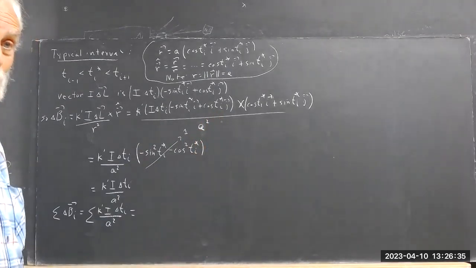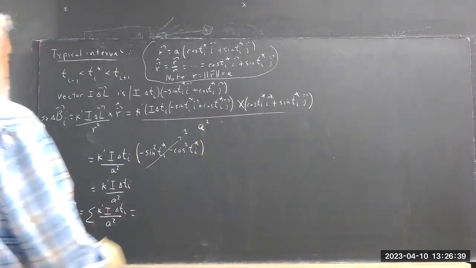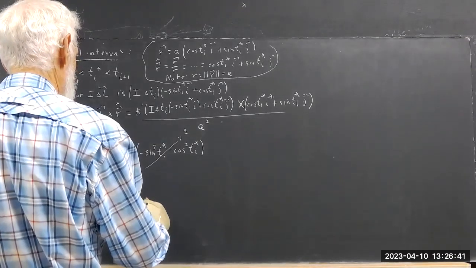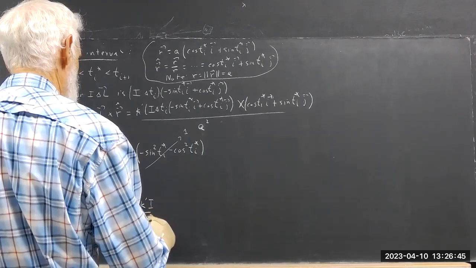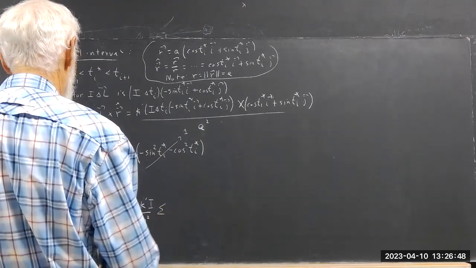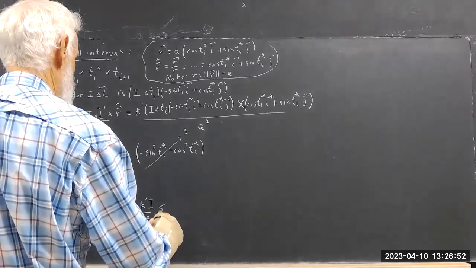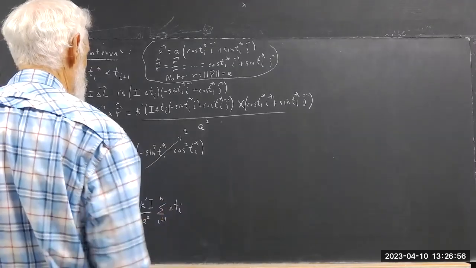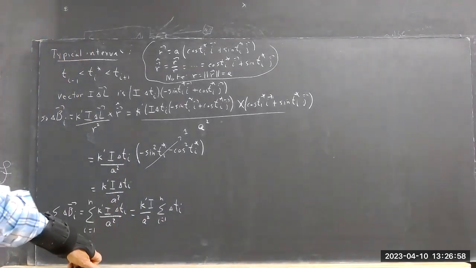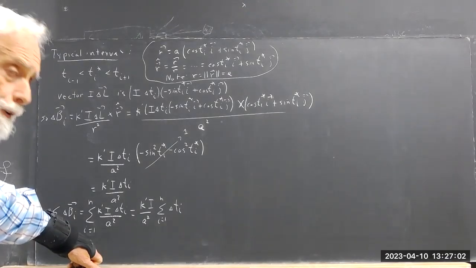It's a sum of terms that all have the same coefficient. So that's just add up your delta T_i's. What do you get when you add up your delta T_i's?